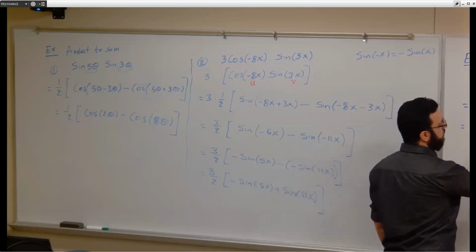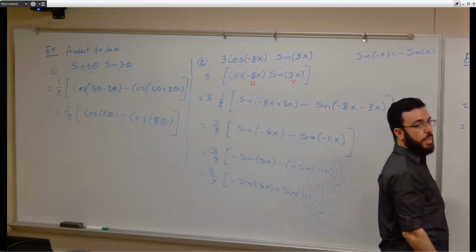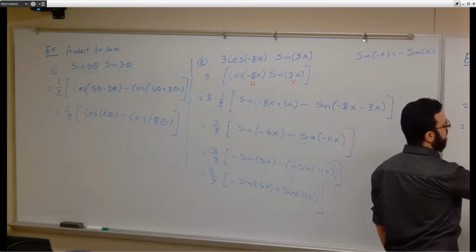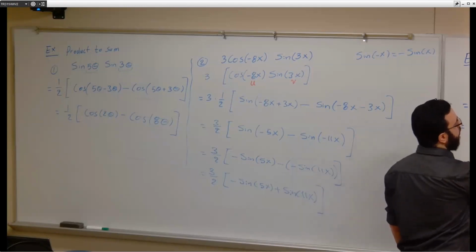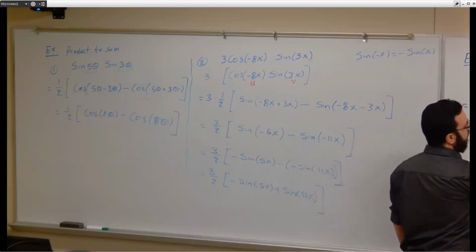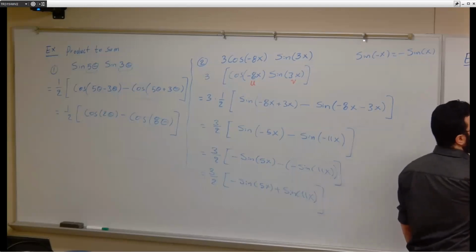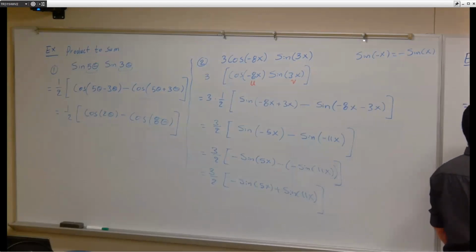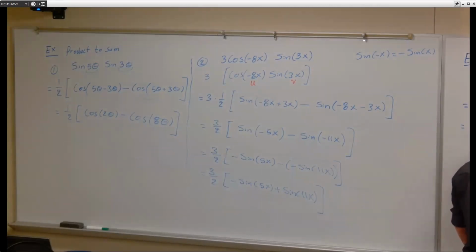The formula says sine u plus v divided by 2, plus what? Cosine, right? U, which is 3 theta, minus v, which is theta, divided by 2.